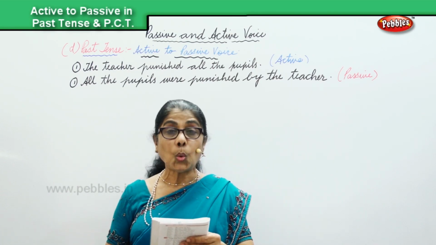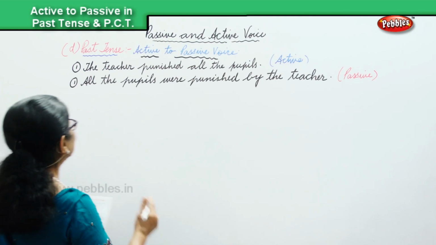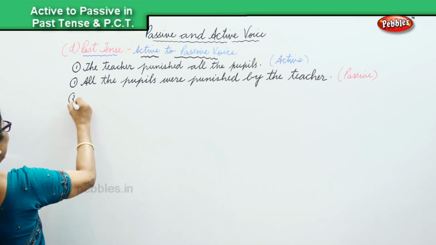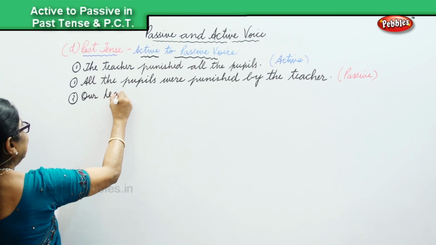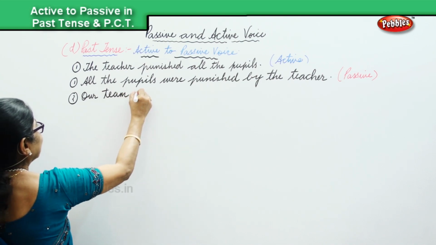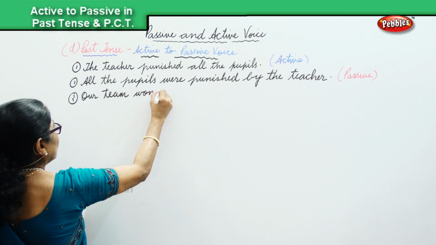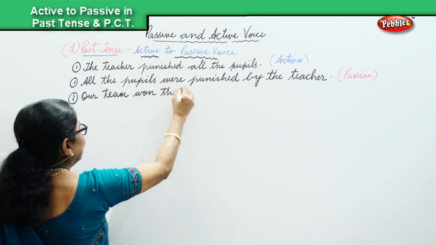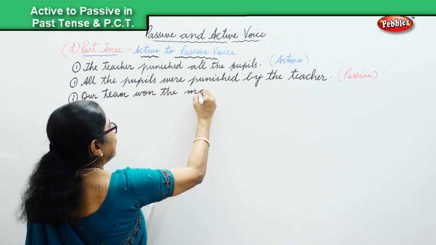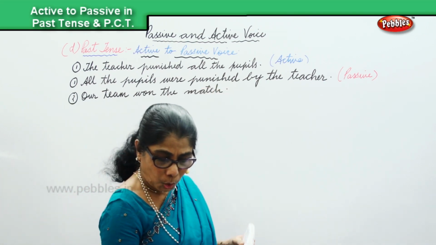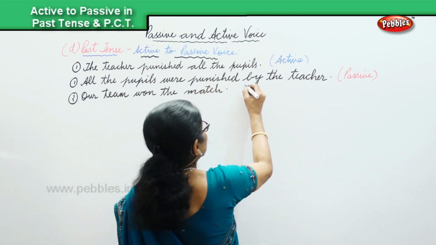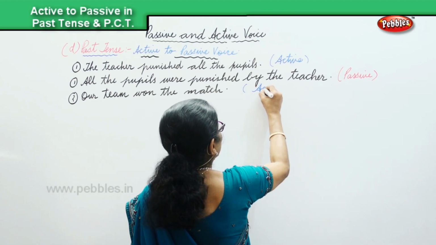Our team won the match. That is the active. Our team won the match. So that is active voice.